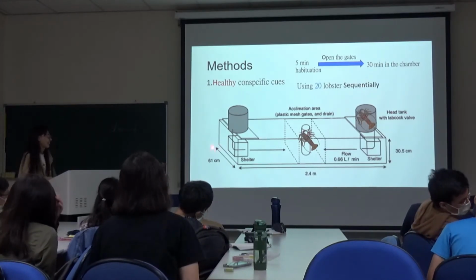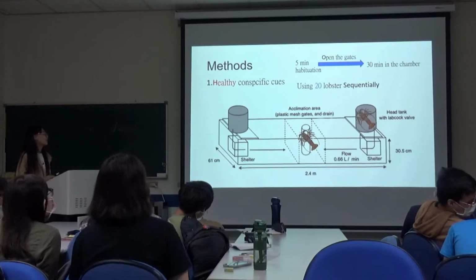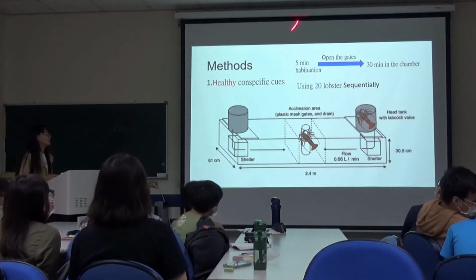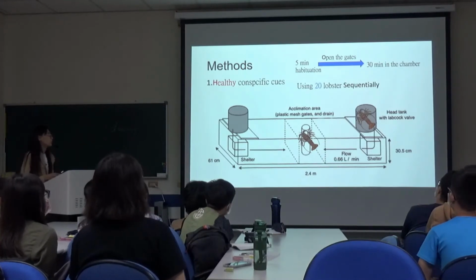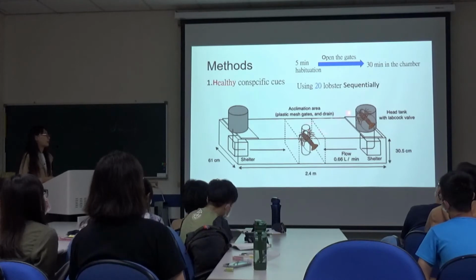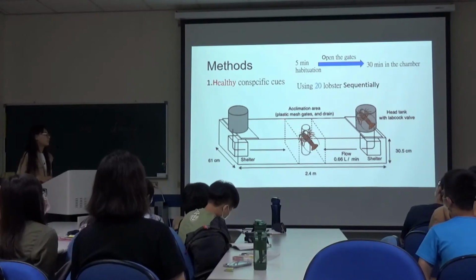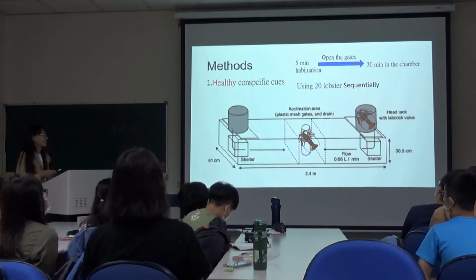So the first experiment uses healthy conspecific cues, which means a healthy lobster is put on one side, and one lobster in the center.